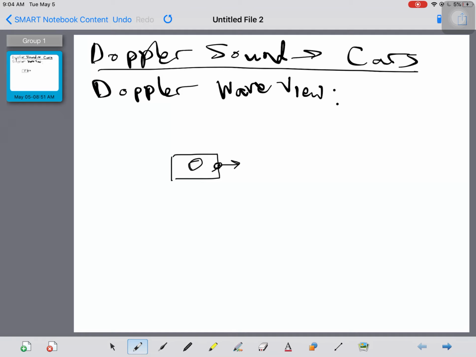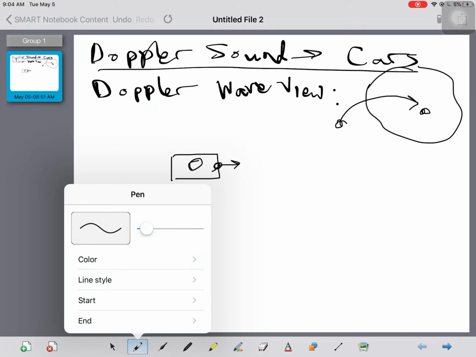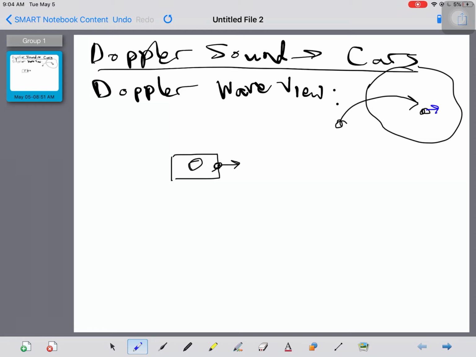So though the sound is made in one particular direction, it doesn't really matter. It's like throwing a rock at a pond. If you take a rock and you toss it in, it doesn't matter which way the rock came from. The rock hits and makes a splash, and that splash does not just go forward.